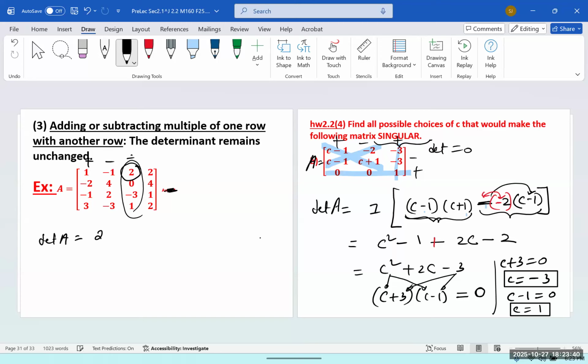So plus, minus, plus. Position is plus. So 2 times negative 2, 4, 4. So you cannot use this row or this column. So negative 2, 4, 4. Negative 1, 2, 1. 3, negative 3, 2.